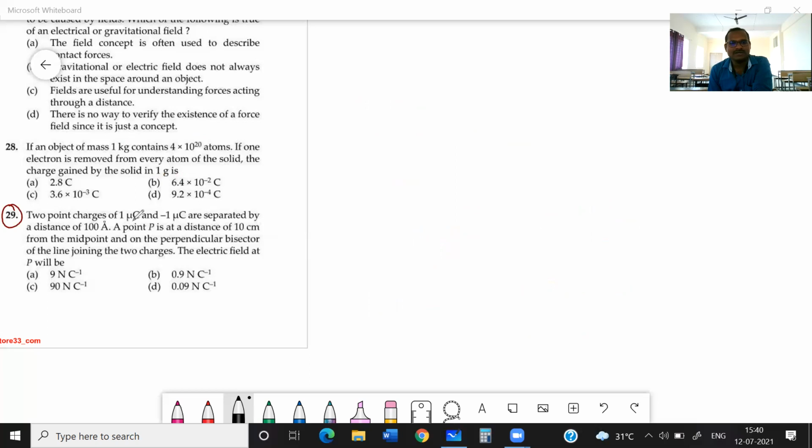Two point charges of 1 microcoulomb and minus 1 microcoulomb are separated by a distance of 100 angstroms. A point P is at a distance of 10 centimeter from the midpoint and on the perpendicular bisector of the line joining the two charges. Then the electric field at point P is? Students, it is about a dipole. Here minus q charge is there and here plus q charge is there, and this is the distance between these two.